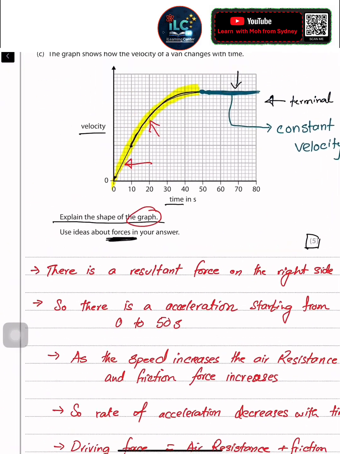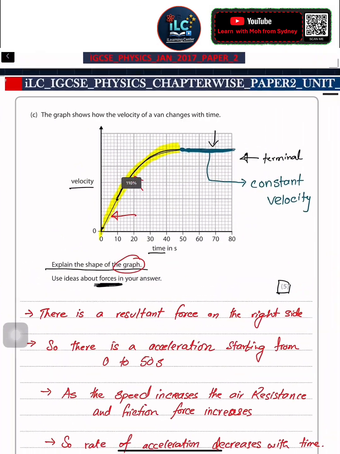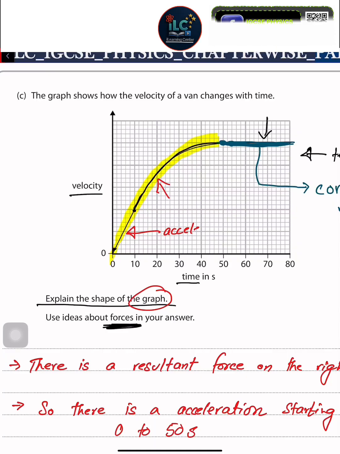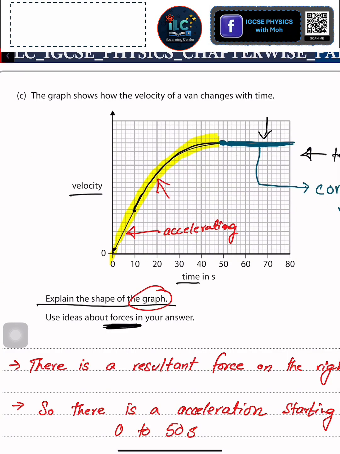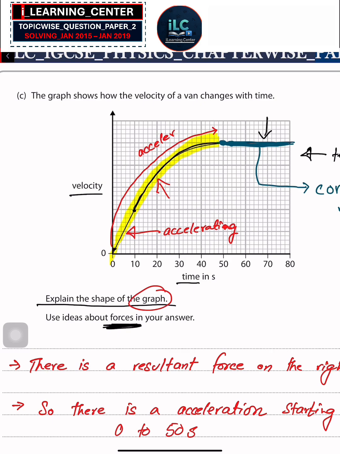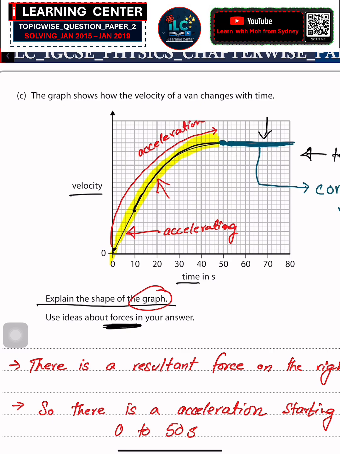So because it's a very big one, we'll just quickly summarize what's happening here. So here the car is accelerating at a greater rate. Then understand that the whole portion the car is accelerating, right? This whole portion the car is accelerating, but your acceleration rate is decreasing.